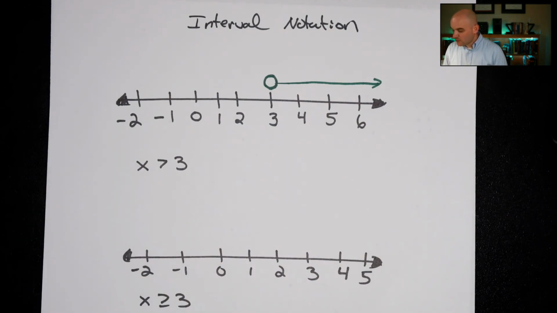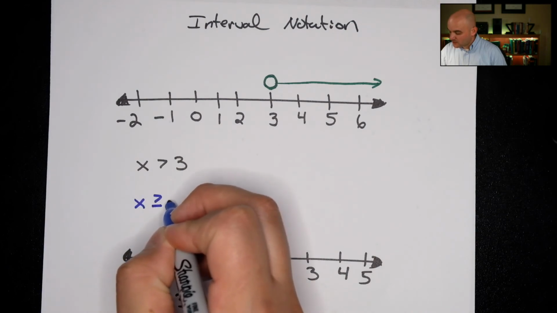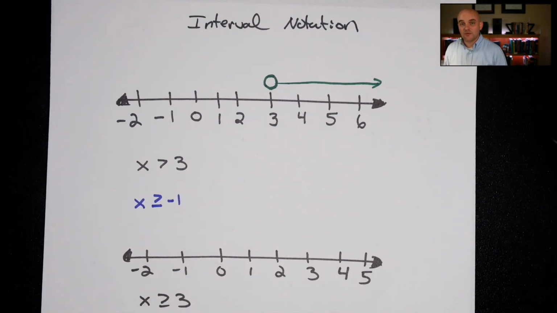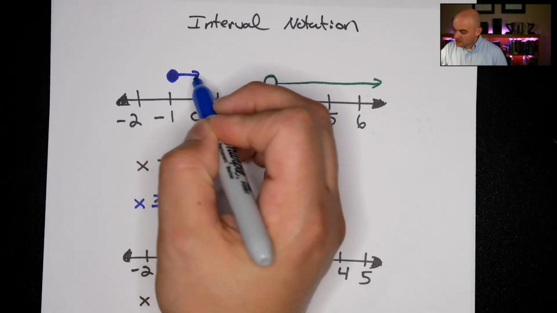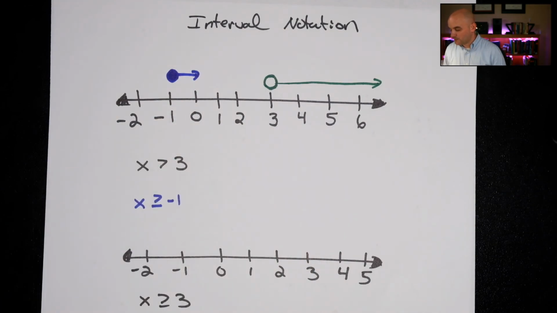What if we wanted to say x is greater than or equal to -1? We'd write x is greater than or equal to -1. That bar underneath means include the -1, and we would fill it in right here. It would be a solid dot and go that way, meaning all numbers including -1.